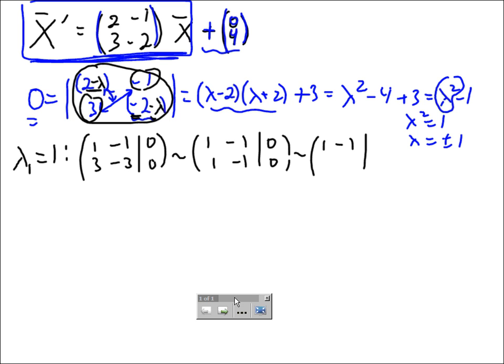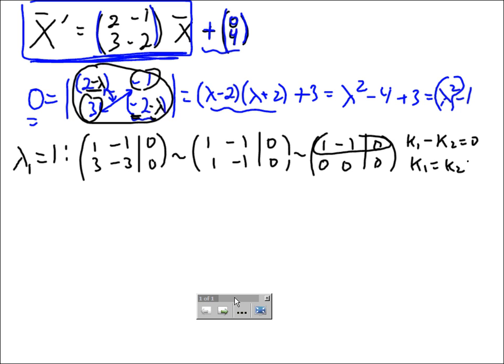So when you subtract row 2 minus row 1, you get a row of zeros. So the only significant equation is the top row. It says that 1 k1 minus 1 k2 is 0. That is, k1 is equal to k2.